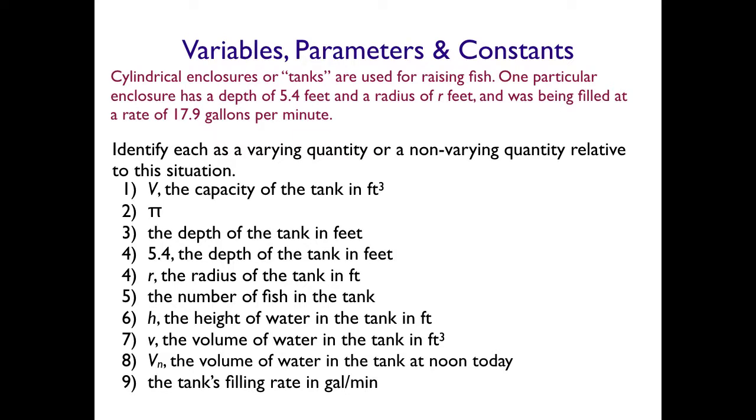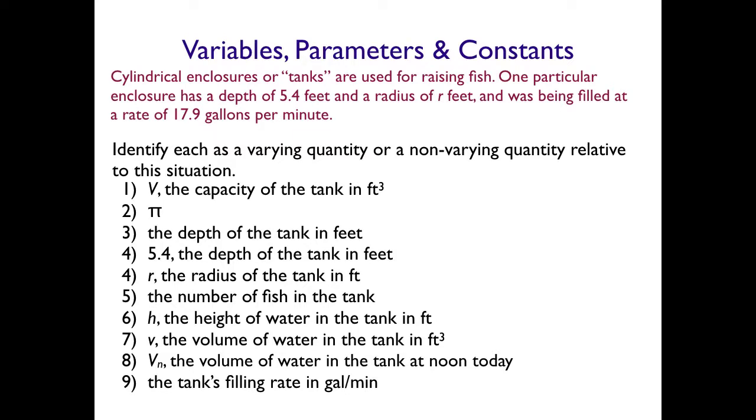Today at noon is one point in time, so there can only be one amount of water in the tank. But number 7 doesn't specify one time, and we know that it was being filled. So if the tank is being filled, and I just talk about the volume of water in the tank, that is changing until I stop filling it or until I point out one particular point in time.